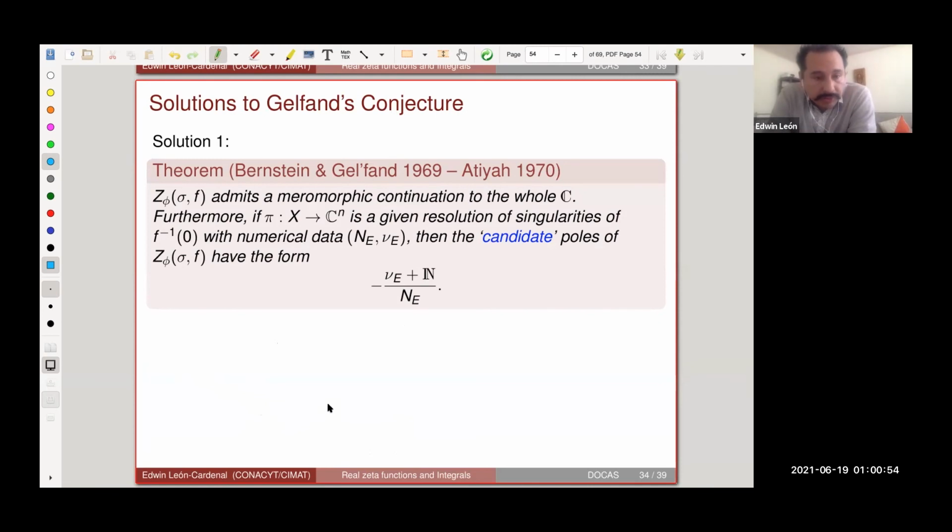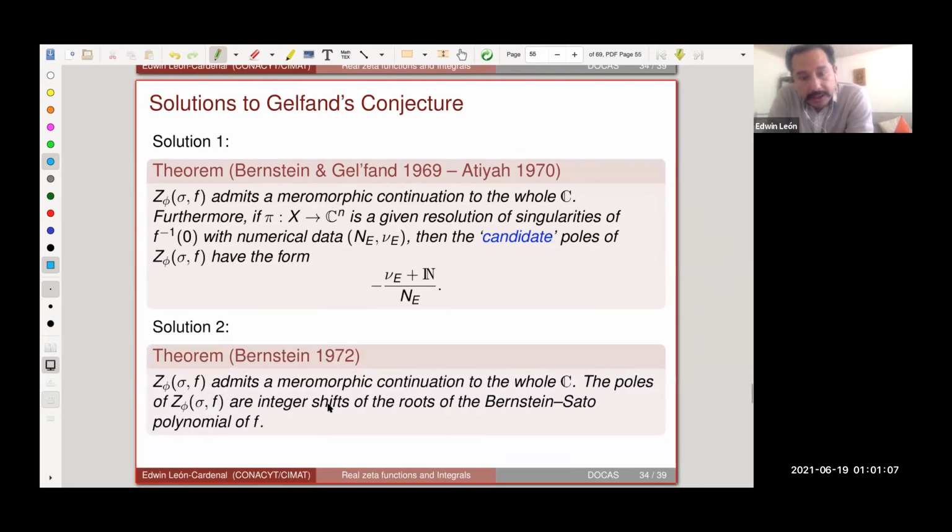As I showed you before, one solution to this problem was proposed by Bernstein and Gelfand, and independently by Atiyah, by using resolution of singularities. This is the problem that we were discussing at the beginning.